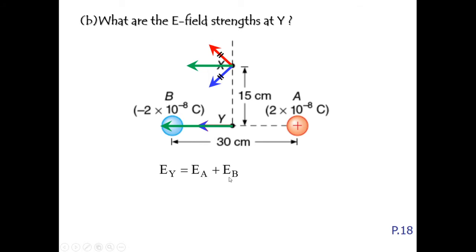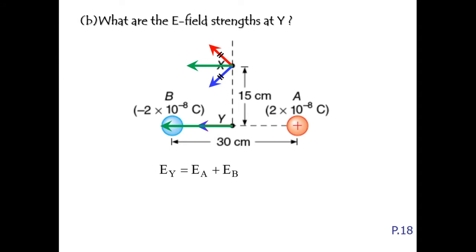Please notice that the sign of the charge at B no longer needs to be considered, because we have considered the direction of the electric field due to the negative charge.